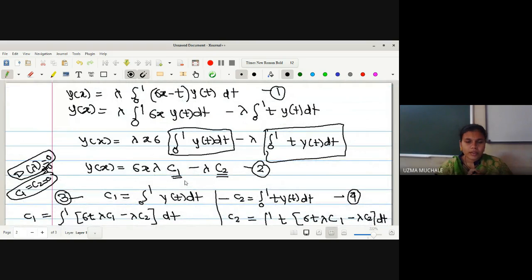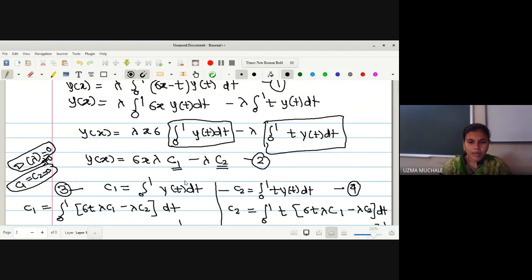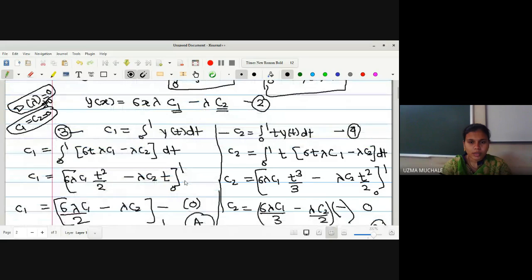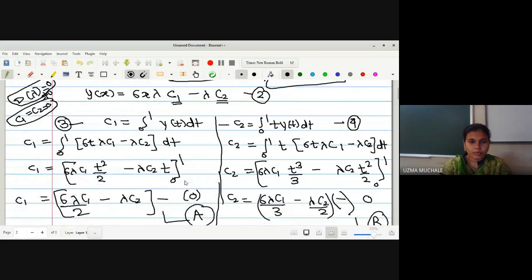First step, what we have done? We have just taken our equation and we have taken our terms of x outside the integration, as integration is with respect to t. Then we have put up the values of C1 and C2. Then we have found the values of C1 and C2. Put up the value of equation 2 in terms of t in C1 and C2.